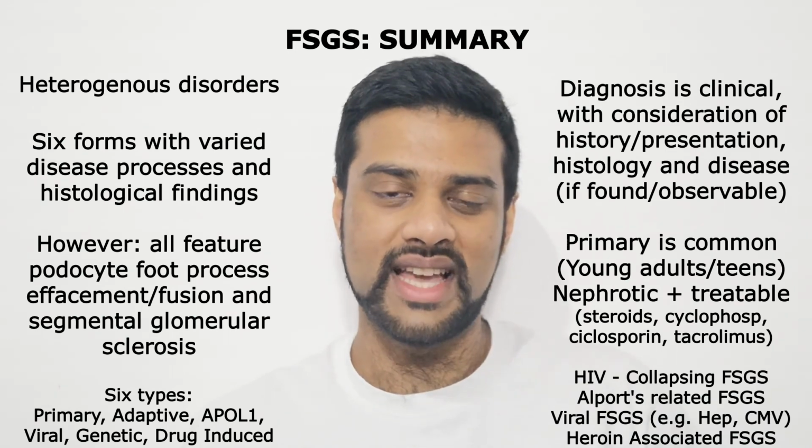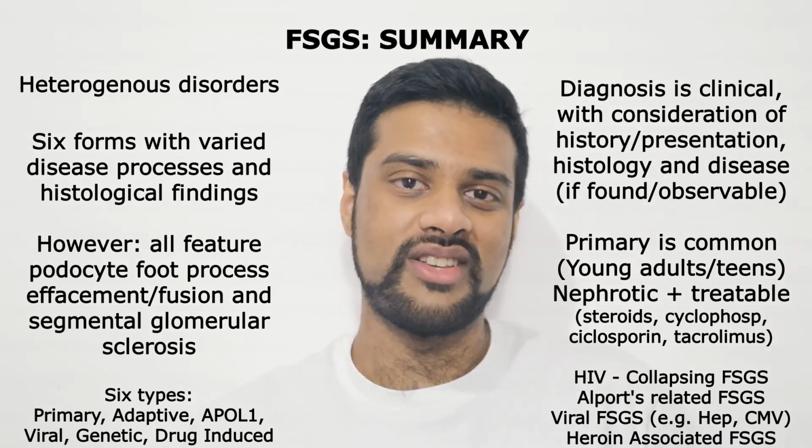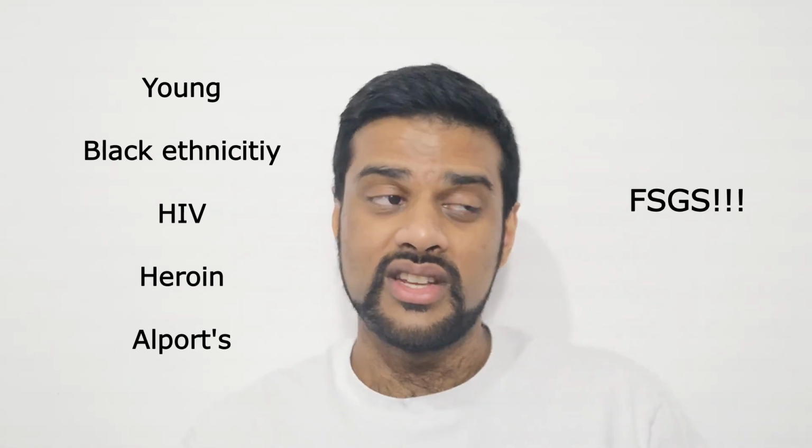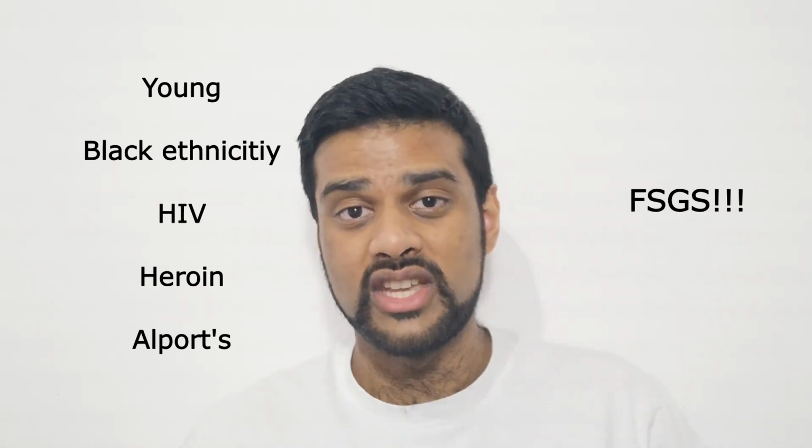Just remember for your exam, if they're asking you about a younger patient, maybe they're of an Afro-Caribbean descent, maybe they have HIV or heroin use or Alport syndrome, they're asking you about FSGS. That's just how they classically ask, just as though if you had a brown patient with a cough or night sweats, they have tuberculosis.